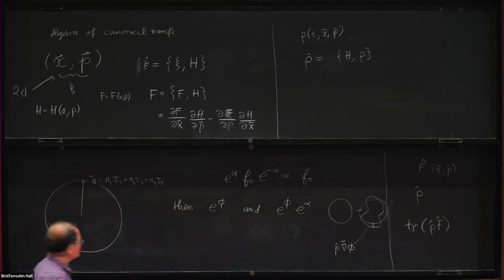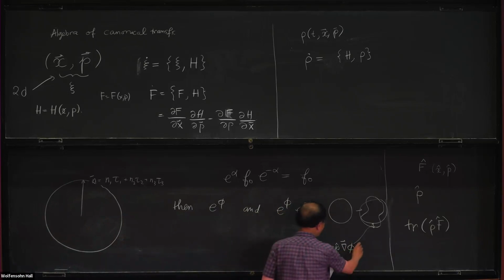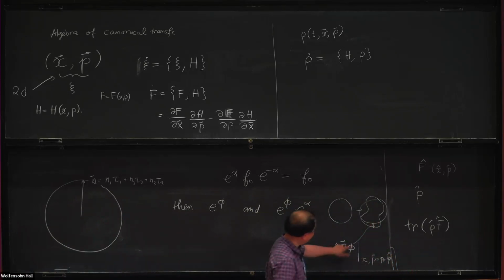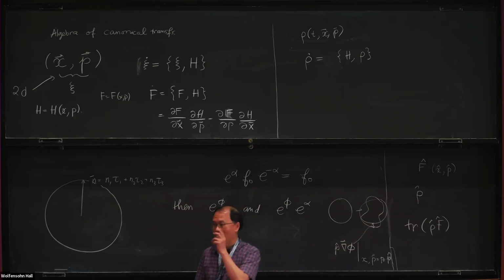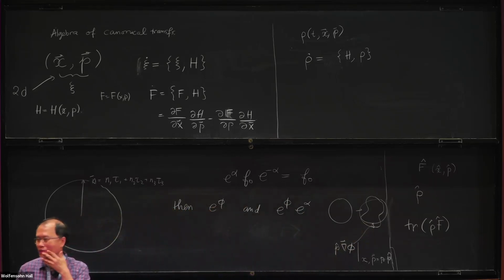And for small phi, this is actually evaluated at point x and momentum equal to p_F times p hat, because all we need to know is the behavior of this function near the Fermi surface. Is the volume the same at all x?